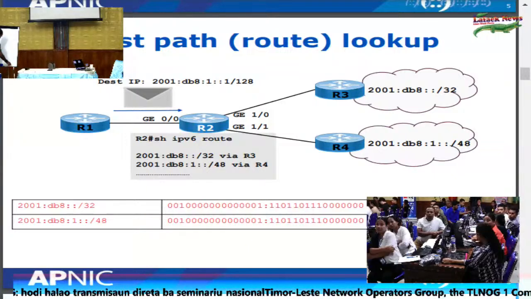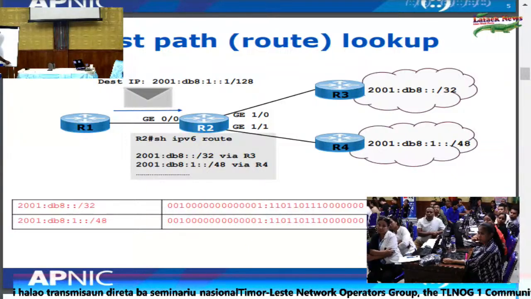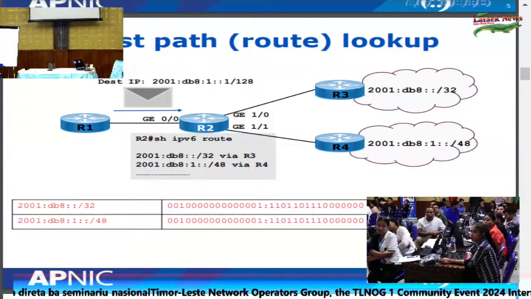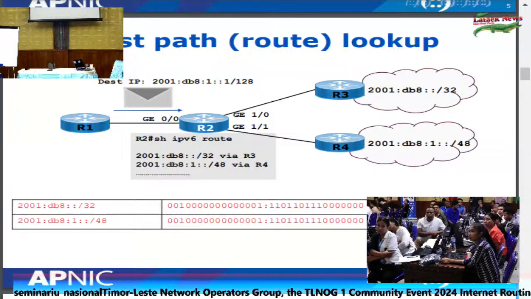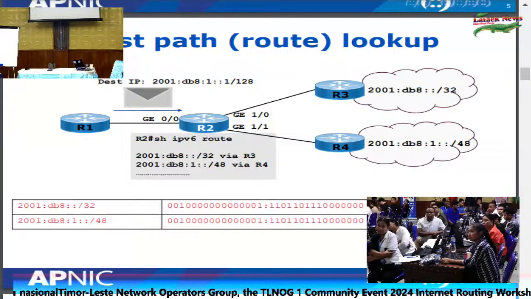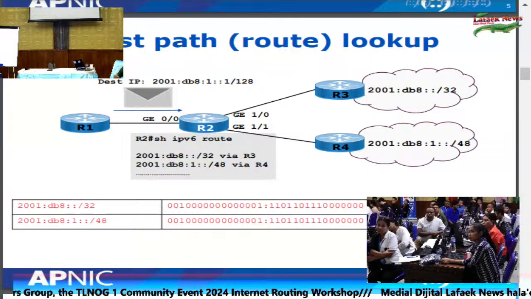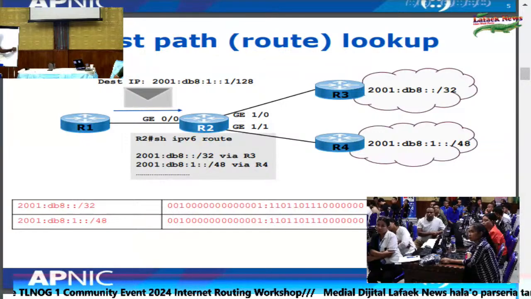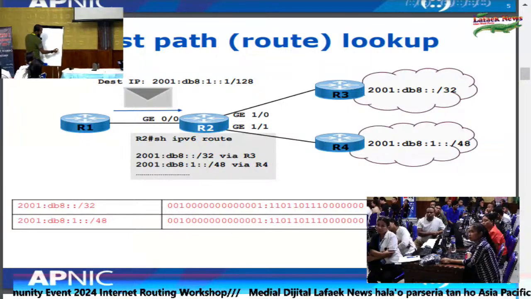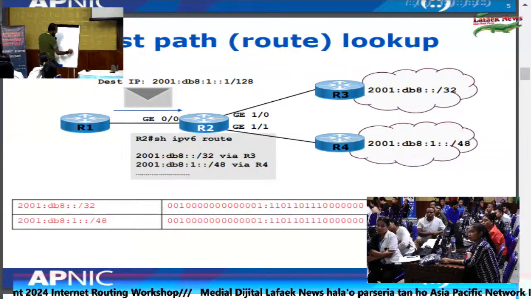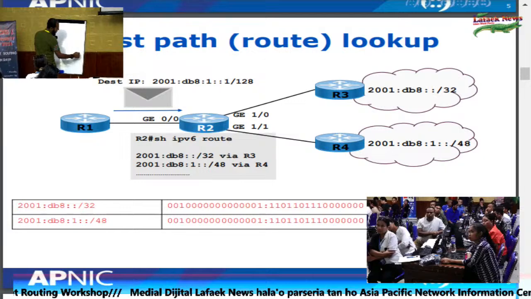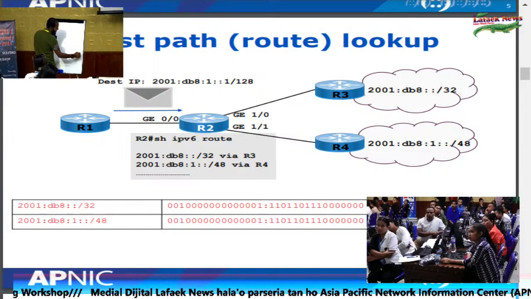Yeah, so let's say this is a computer, okay, trying to draw bigger. So let's say this is my PC, and this is the server. Let's say this is nog.tl.